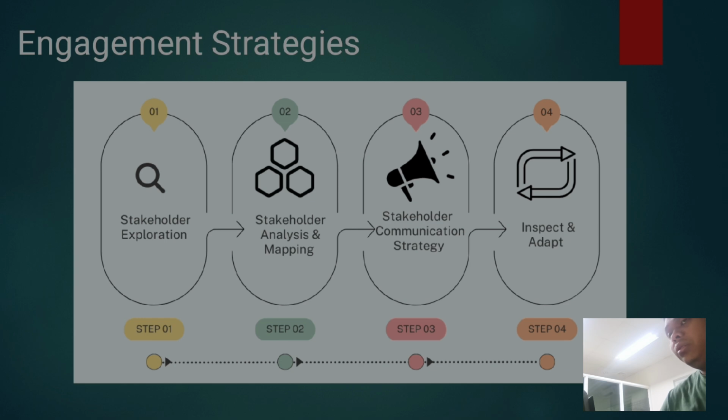So when the members of the stakeholders are identified, they will then create or start analyzing how, when, where, and what the targets are towards the goal of the organization.